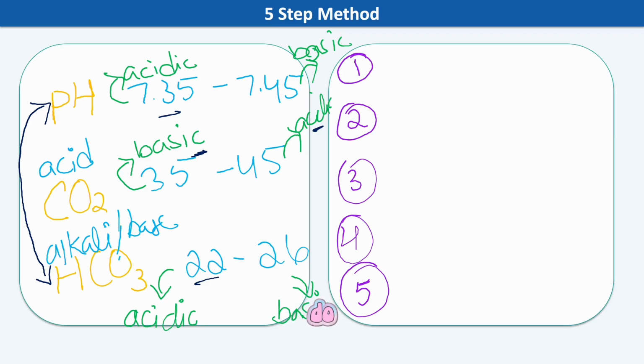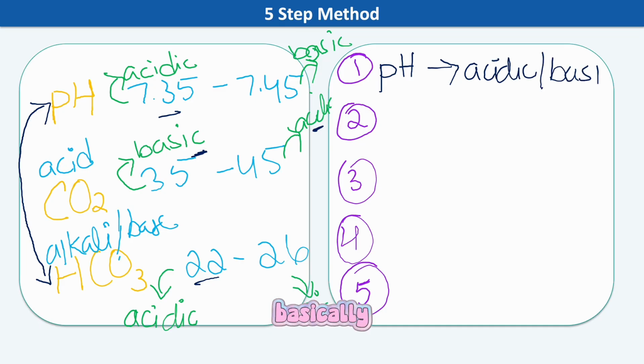The first thing we're going to do is check the pH level to see if the blood is acidic or basic. If the patient's blood reads less than 7.35, we say this patient is acidic. If the patient's blood is more than 7.45, it's leaning more towards the basic side.